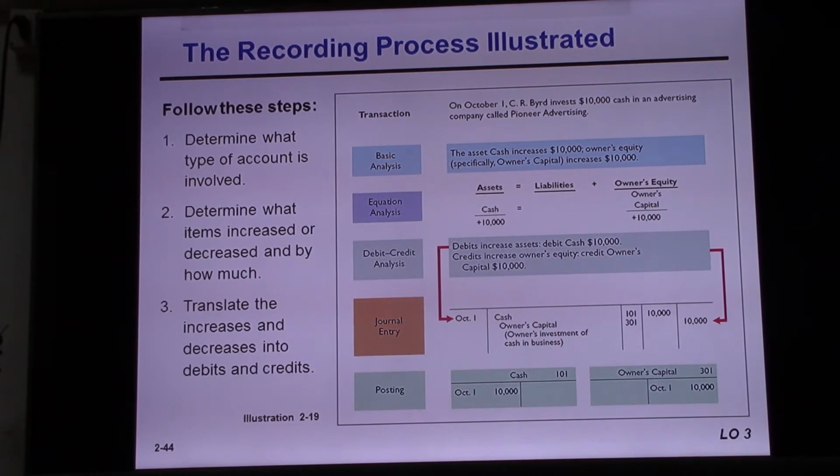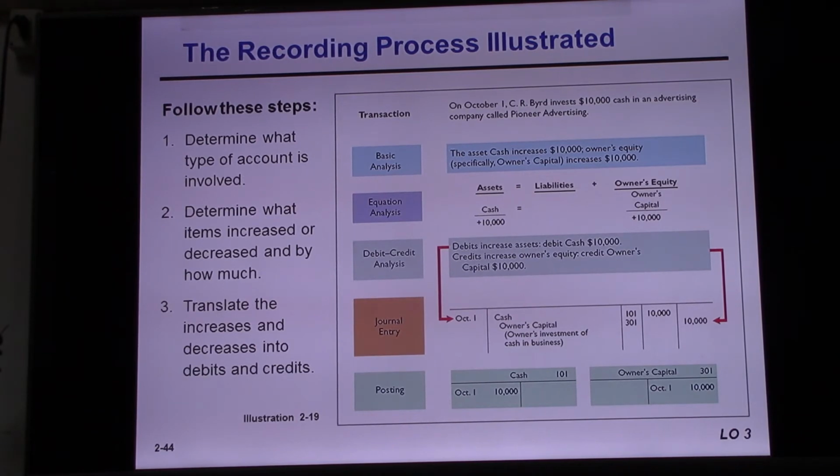And the third step is posting. You should post this transaction to the general ledger. And we have stated that we will use a simple format of general ledger, which is a T account. And we will prepare a T account for each item. For the cash T account, as you see, we have a debit side and a credit side, and we will transfer the $10,000 to the T account on the debit side, October 1st, $10,000.